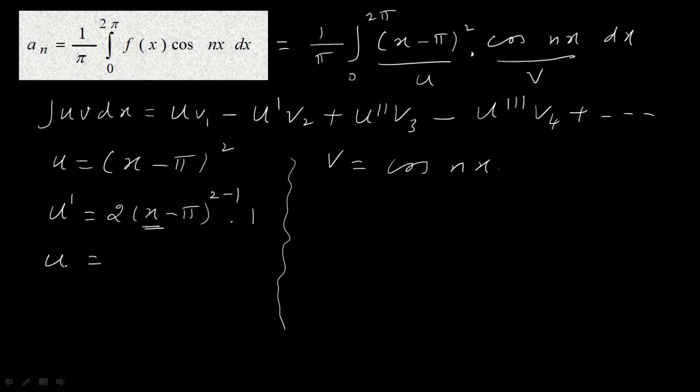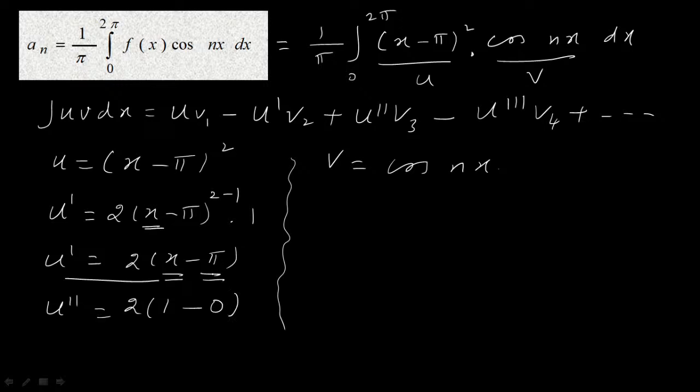So you have u dash is equal to twice x minus pi, and u double dash is equal to, while differentiating this with respect to x once again, pi is a constant. So differentiating x you get 1, and differentiating a constant becomes 0.